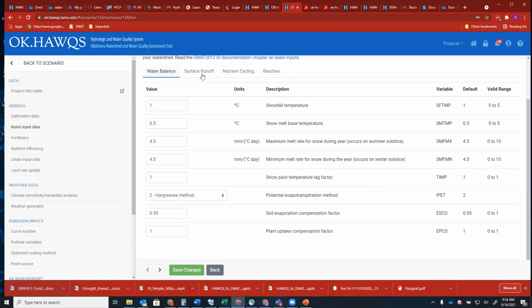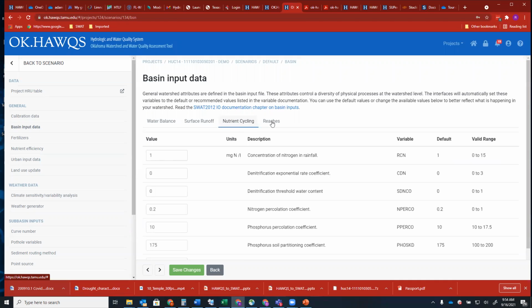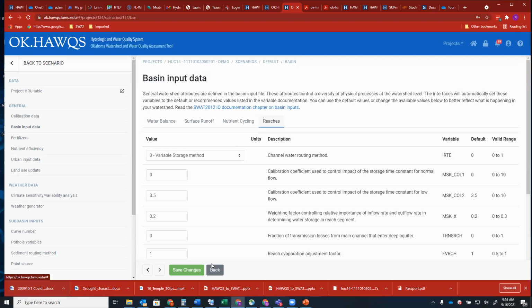Anything you change in any of the screens, runoff modification or nutrient cycling or any kind of channel parameters that you want to modify, you click on save. Until you click save, that is not recorded. If you just click the back button, that means we did not save any of the changes. You can change, but if you click the back button, it won't be saved. That way they're not modified, basically.